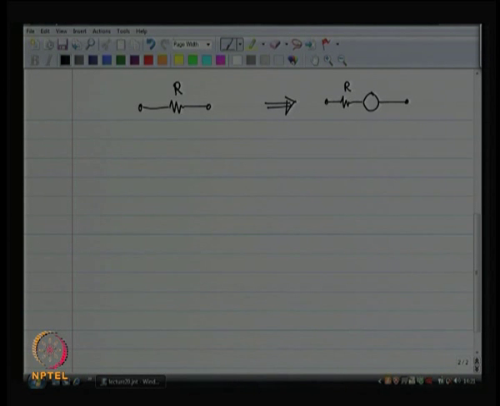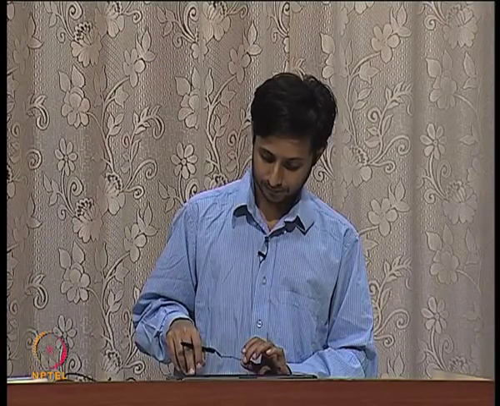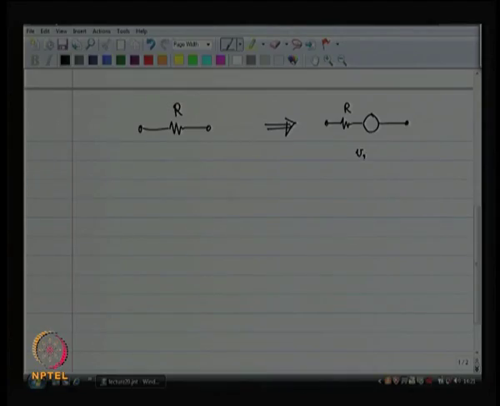This noise voltage has a mean squared noise voltage of 4kT R df, where df is the frequency bandwidth over which we are looking. Here k is the Boltzmann's constant, T is the absolute temperature in kelvins, R is the resistance of the device and df is the bandwidth.